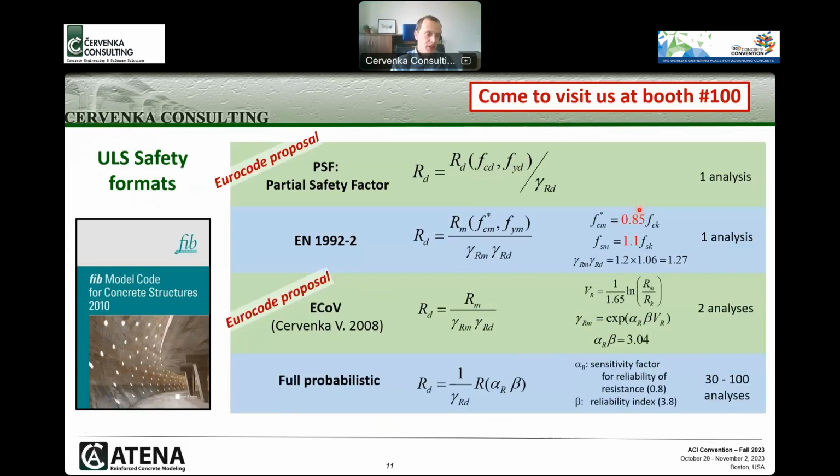This approach is now included in design codes, at least in the FIB Model Code, and it will be introduced in the new generation of Eurocodes used in Europe, and probably the same thing can also be done based on the valid ACI codes.